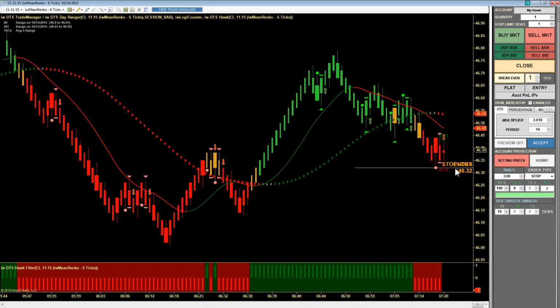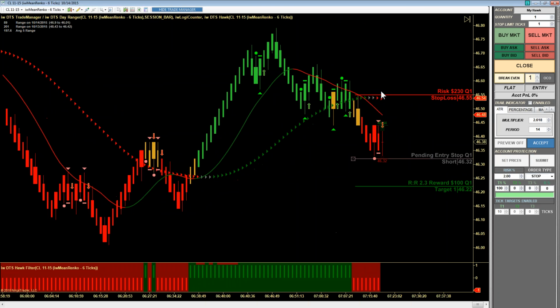Now crude oil, terribly expensive. I'd like to cover it up there, but Trade Manager won't let me, at least not at 2%. So I'm going to have to risk this a little bit closer. So again, first micro macro cross signal, you can see everything is in sync. We would anticipate the market should head a little bit lower here.